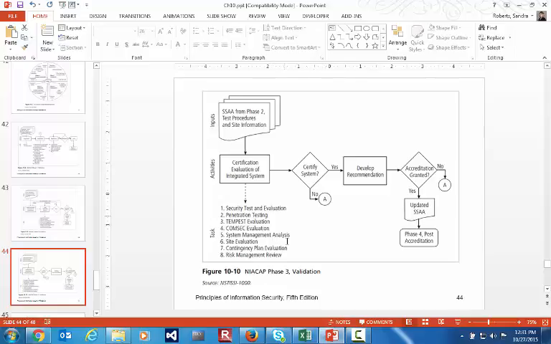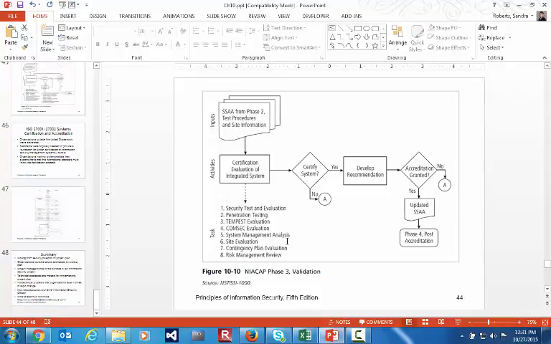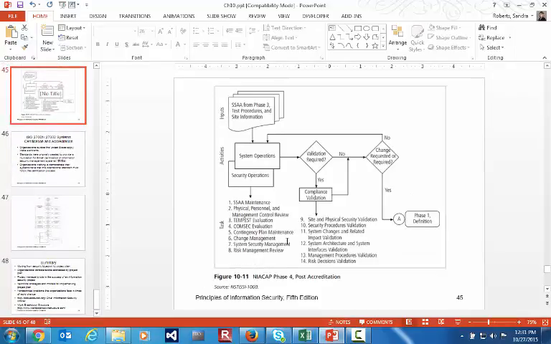The test and evaluation, penetration testing, all of the evaluations, system management, site evaluations, contingency plans, and then the review as you go through. Post accreditation, the systems into place, the validation, keep it validated, change or requested, and then go back again to phase one if it doesn't do what it should do.